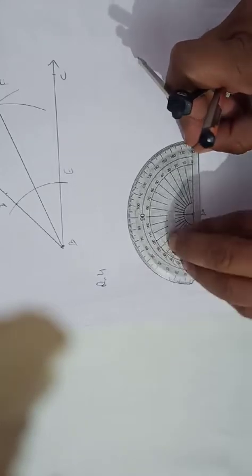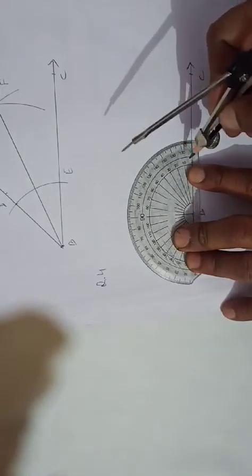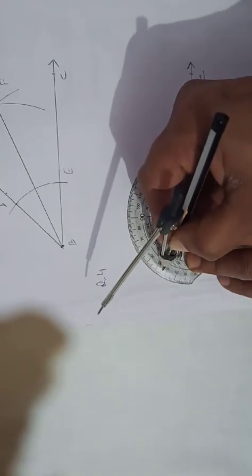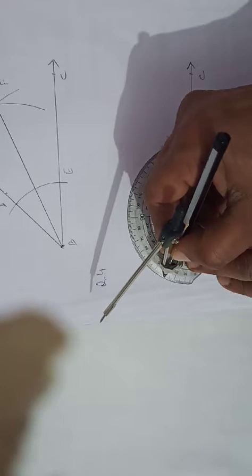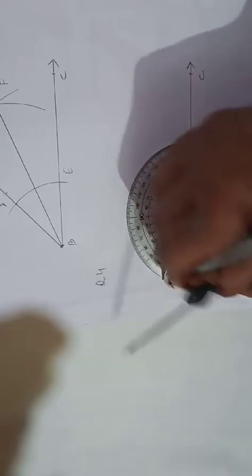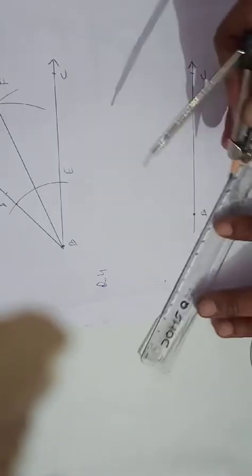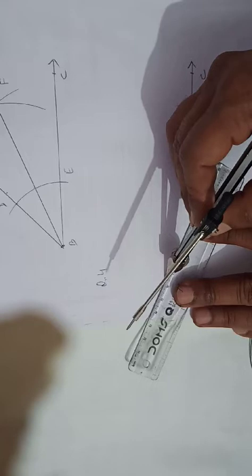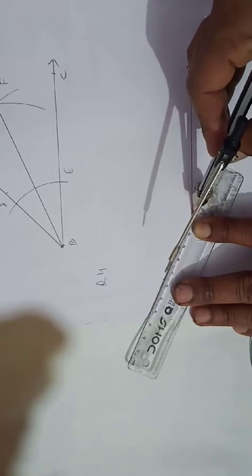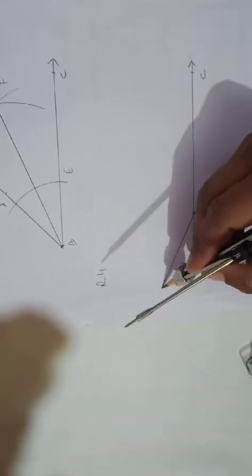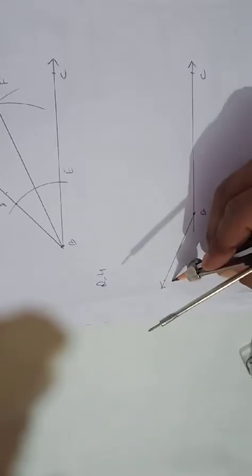So put the protractor at the point B and start from here to 153. This is your 150 and 1, 2, 3. Okay, so this is your 153. So join here. Let it be A.